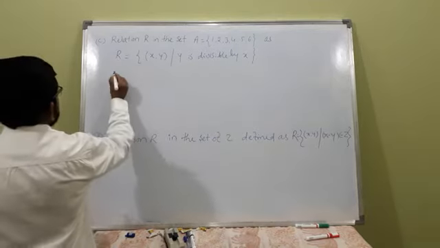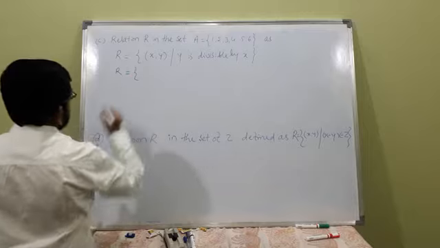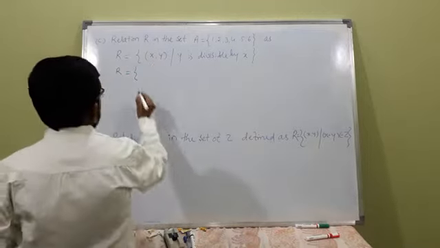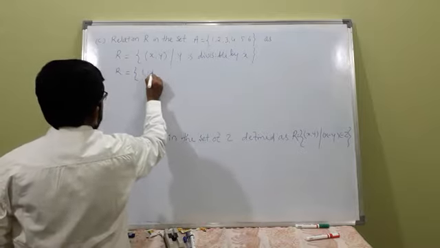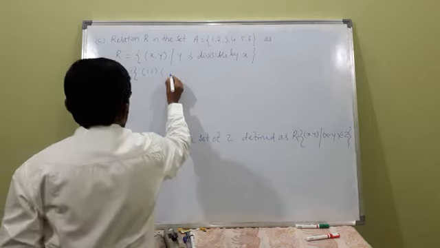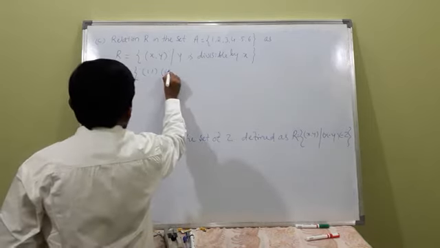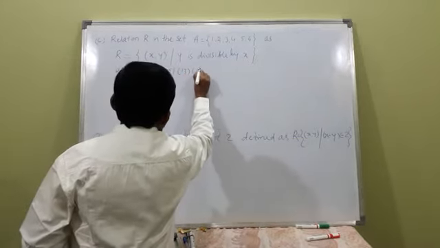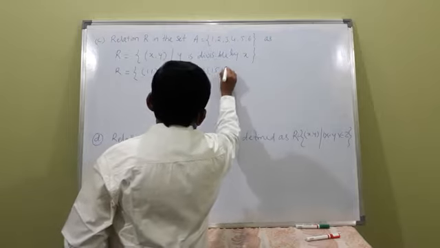First write the relation R. R is equal to, second element should be divisible by first element, up to 6: (1,1), (1,2), (1,3), (1,4), (1,5), (1,6).